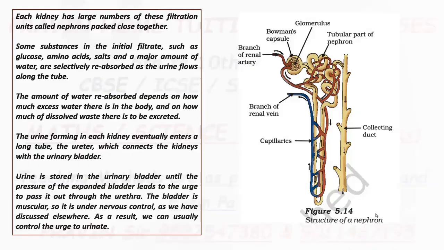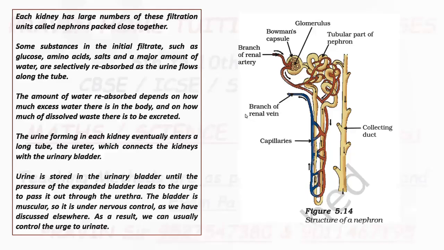This is the structure of a nephron. This is Bowman's capsule. Each kidney has a number of these filtration units called nephrons. Some substances in the initial filtrate such as glucose, amino acids, salts and a major amount of water are reabsorbed as the urine flows along the tube.